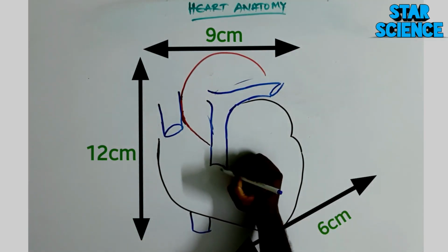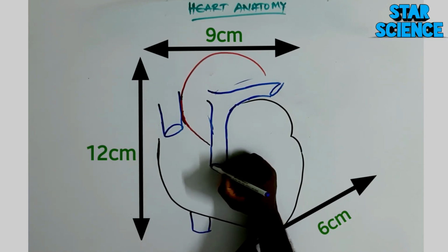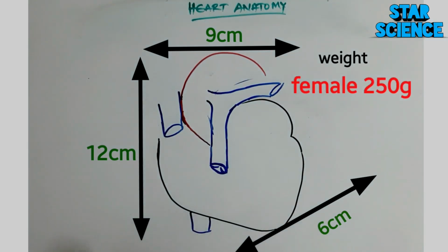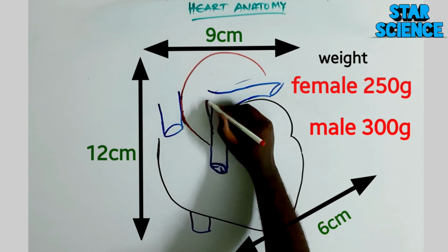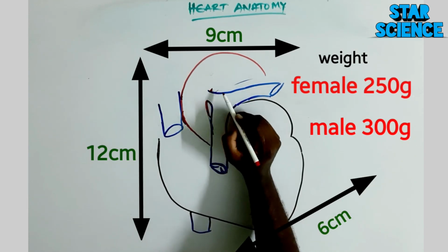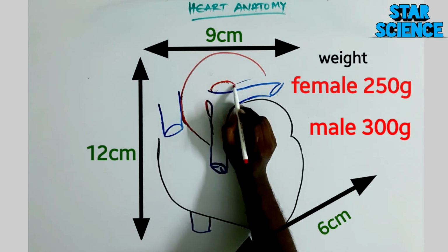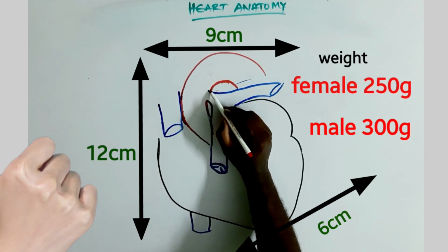The thickness of the heart is around 6 centimeters, and the weight in an adult female is around 250 grams, and in an adult male it's around 300 grams. Then what will be the size of the heart? The size of the heart is slightly larger than our clenched fist.